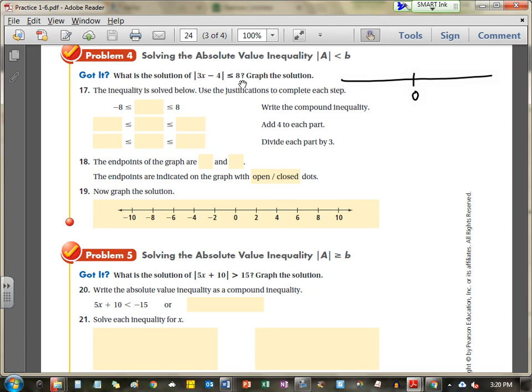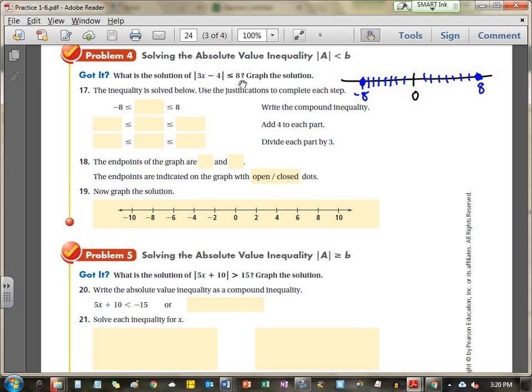Then if you go 8 spaces away, you should find 8, or perhaps negative 8. So if the absolute value is 8, then you know that it's talking about negative 8 or positive 8, because either way, the absolute value would be 8.